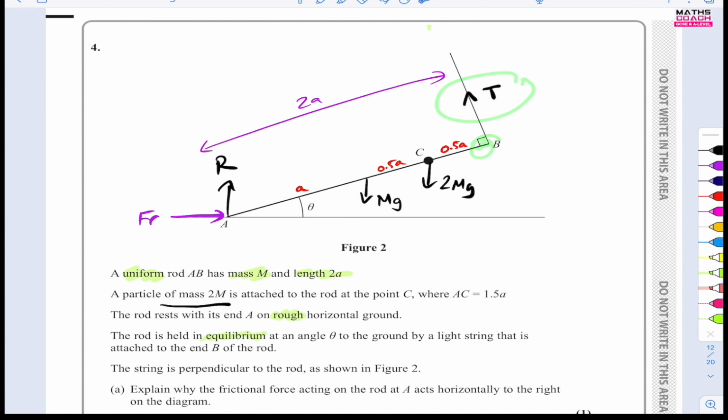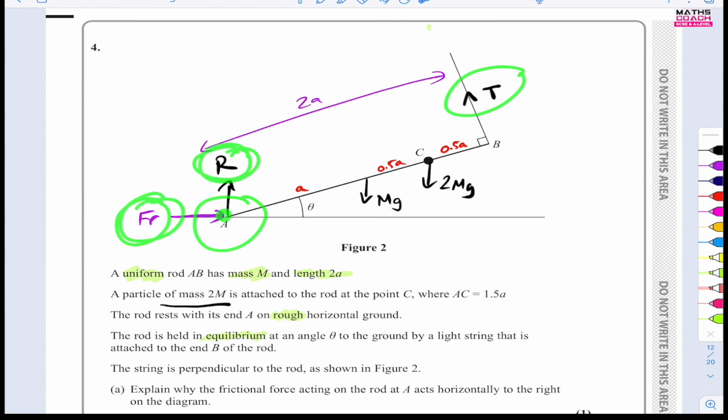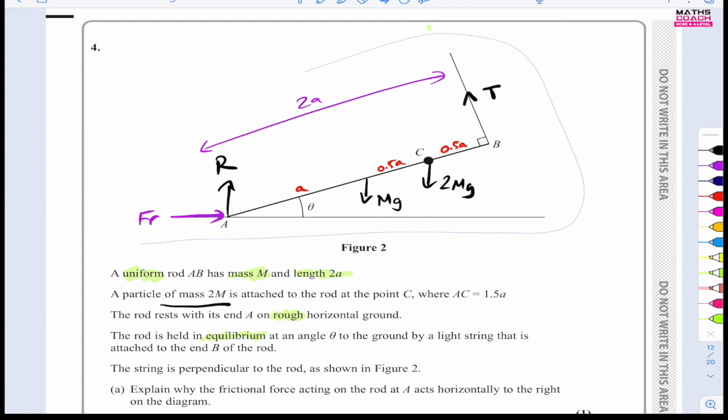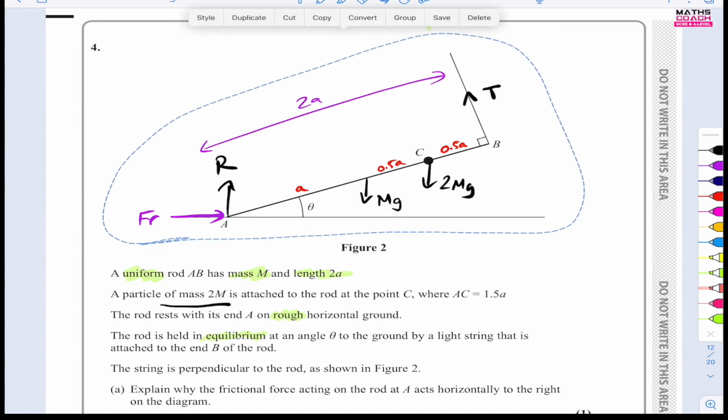So take it from a place where you can have T in your calculations, so you can have all the clockwise and the anti-clockwise stuff in your equation. Now, if I take it from A, it's actually good because first of all, I get T involved. And secondly, I don't need to know the frictional force here or the R, because I'm taking moments from there, so these forces are not involved in my calculation. All right. So it's actually a good idea to take it from A. All right. So let's go ahead and do that. Before we do that, I need to take another drawing of this with me so I can look at it.